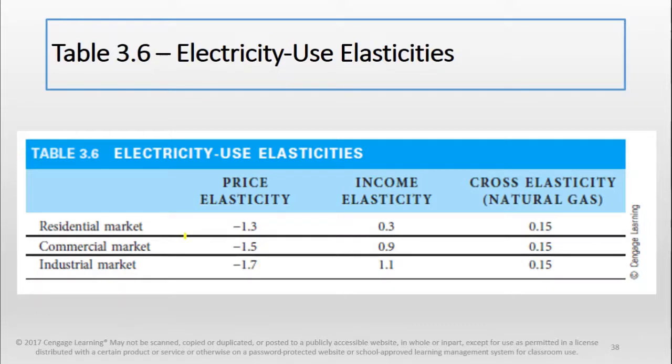Whether residential, commercial, or industrial, it is elastic. This means that with the higher price elasticity being in the industrial market, if you are in the industrial market, you are more sensitive to changes in the price of electricity.